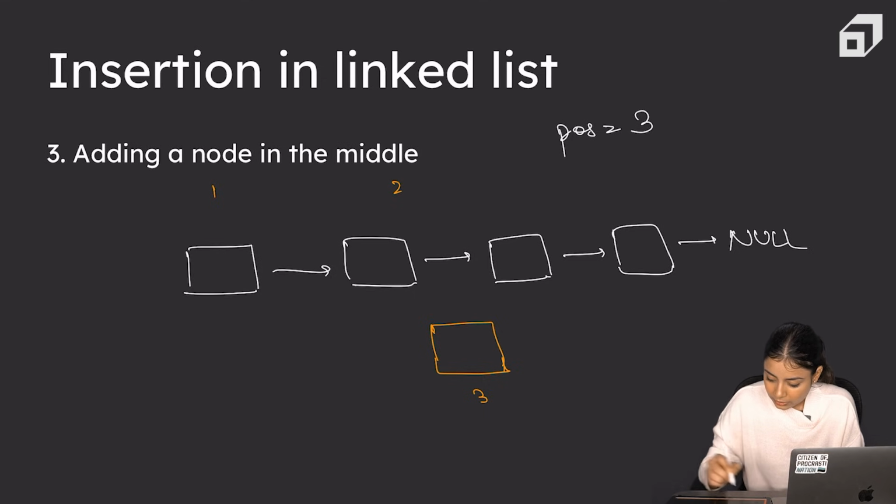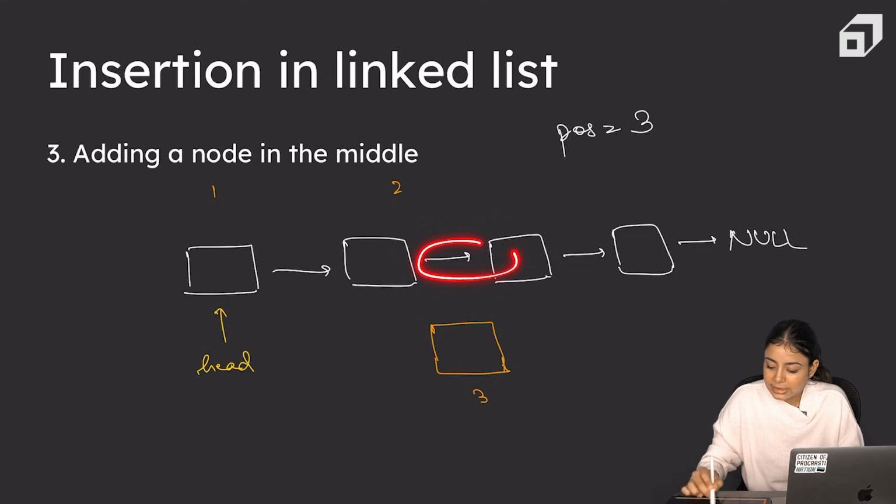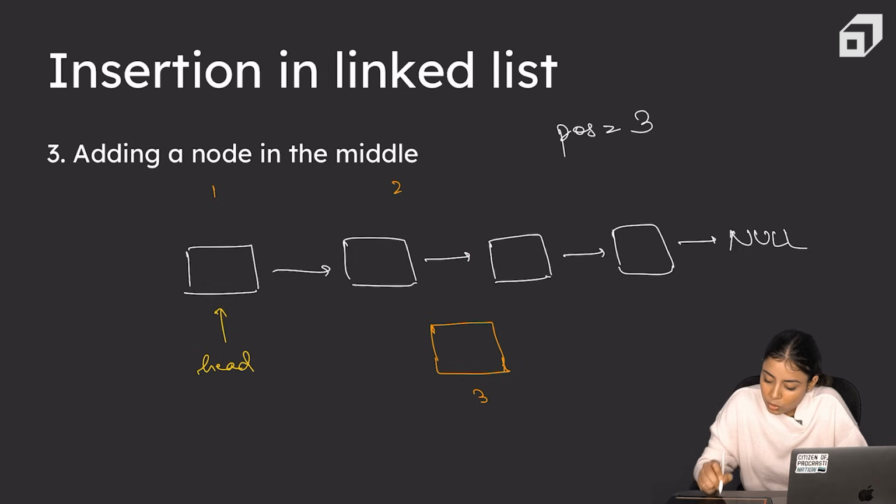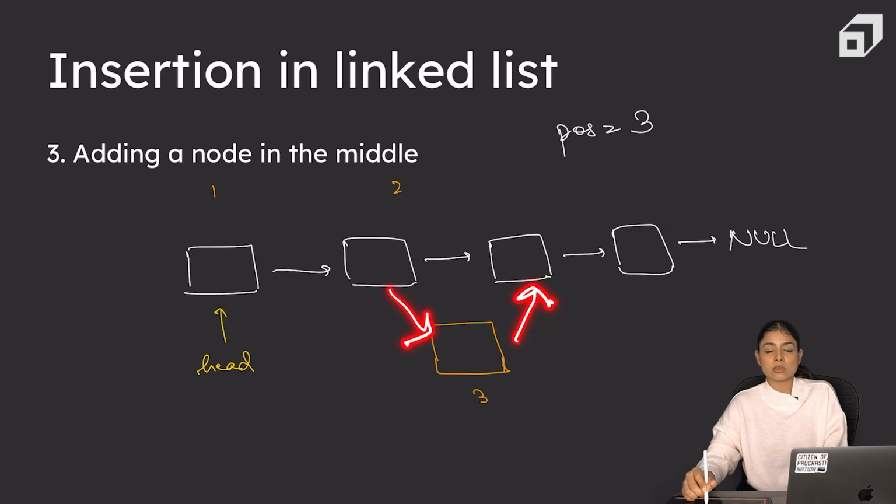So for that, let's also draw the head pointer. What I'll need to do is change this link to point to this new node, and the new node should be pointing to the node after the position in which I'm inserting.